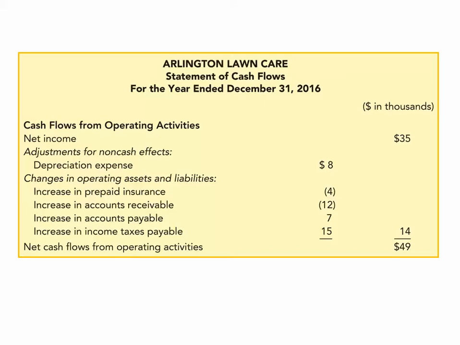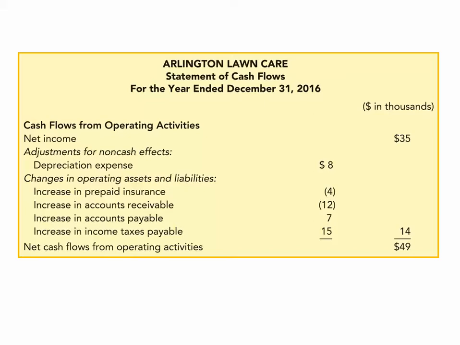Operating activities show the inflows and outflows of cash that result from the normal activities reported in the income statement. Items that we look at are non-cash items and current assets and current liabilities. Let me say that again. On the cash flow statement, we're going to make adjustments, whether increases or decreases, to non-cash items. What's a non-cash item?